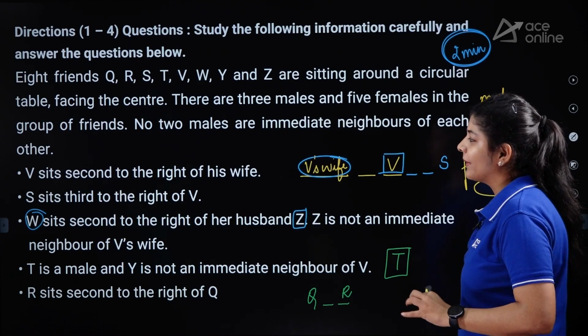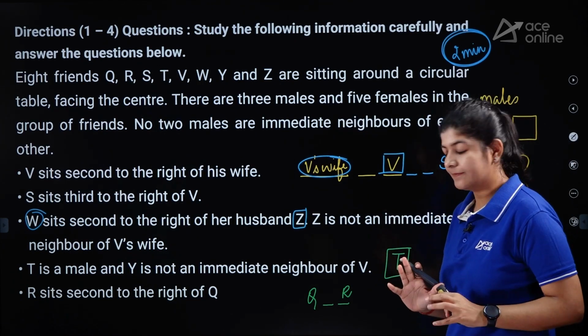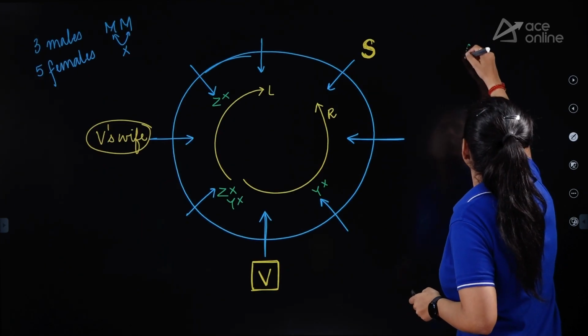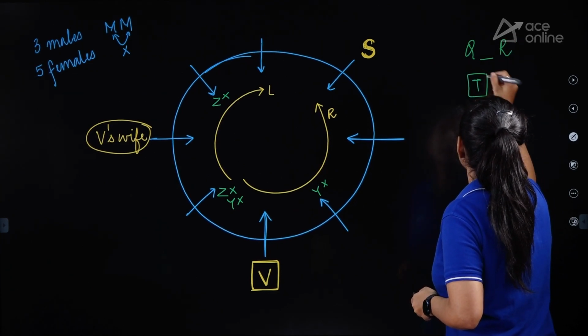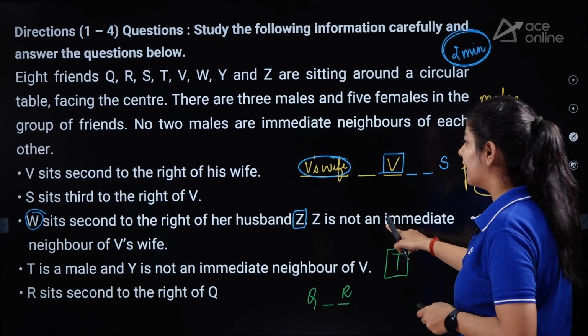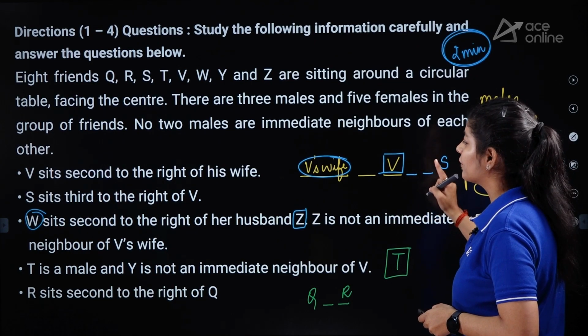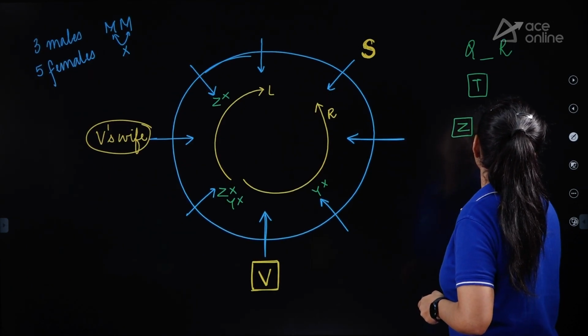So these are the remaining clues that we have to arrange accordingly. Let's assemble all the clues. We have T as a male. Apart from that, we have the clue that W sits second to the right of Z: first right, second right.